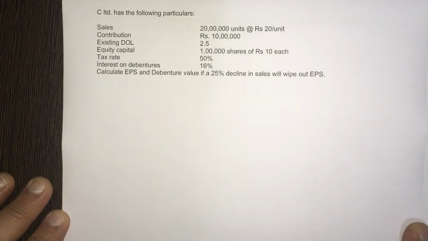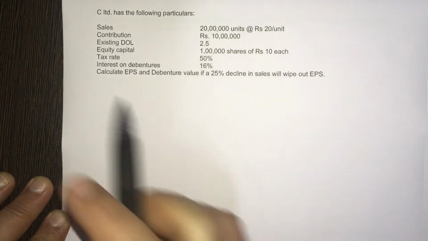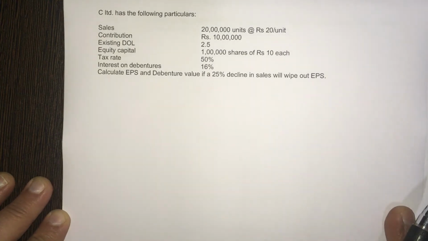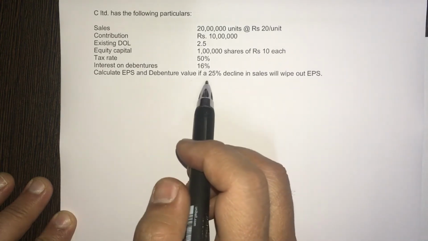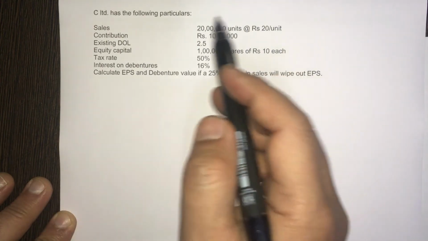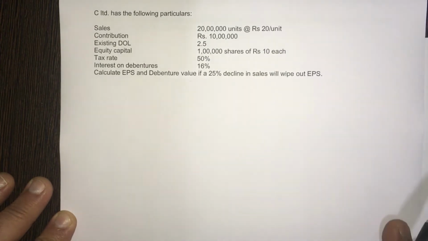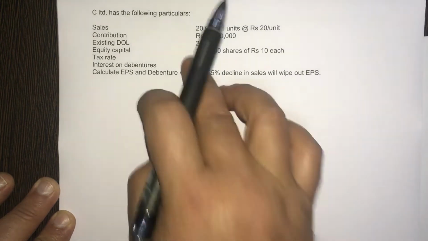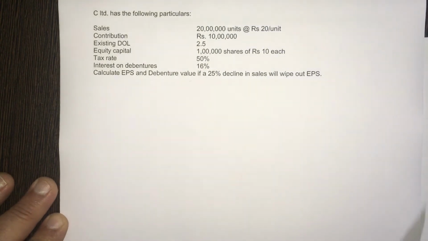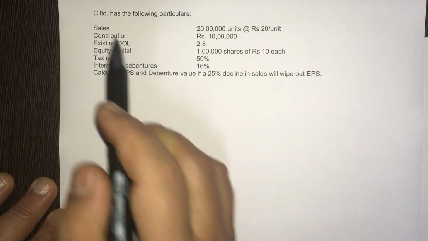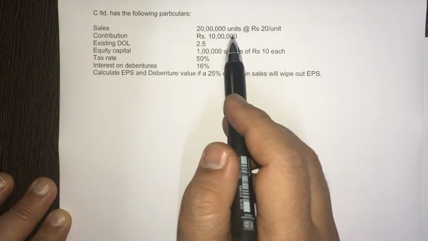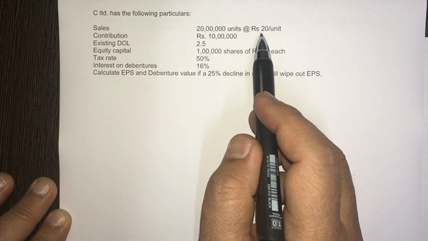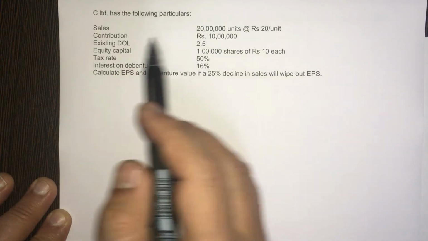All right, welcome back. Again, another leverage problem, slightly different from the previous one. We have to calculate EPS and debenture value from the data provided here. Sales is 20 lakh units, or 2 million units, at the rate of 20 rupees per unit.